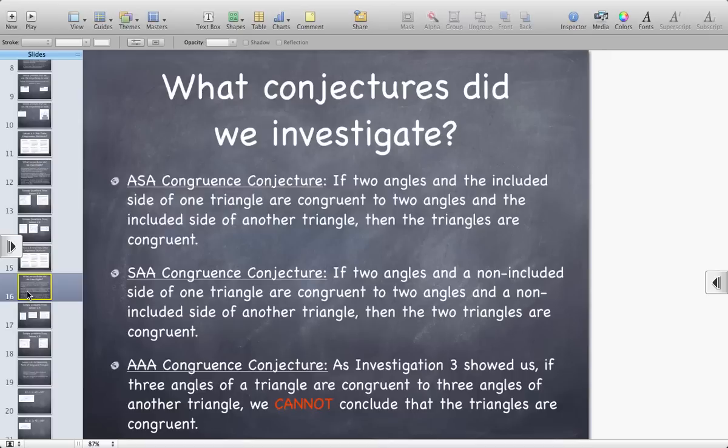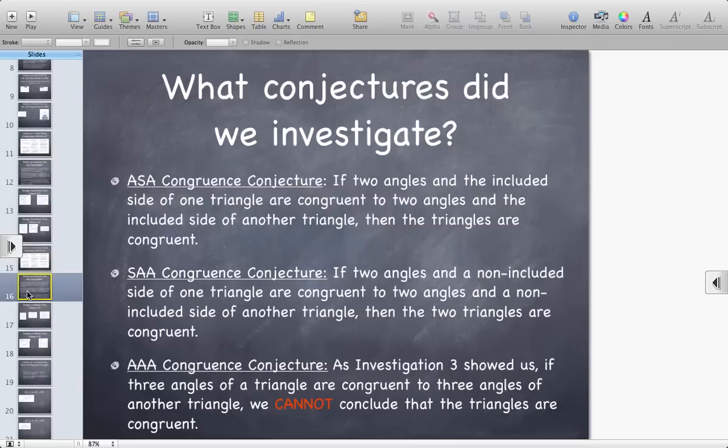So if two angles and the included side of one triangle are congruent to two angles and the included side of another triangle, then the triangles are congruent. Side, angle, angle says if two angles and a non-included side of one triangle are congruent to two angles and a non-included side of another triangle, then the two triangles are congruent.